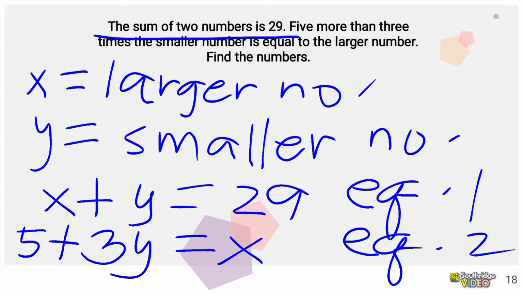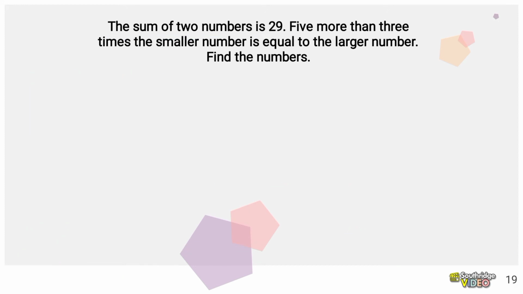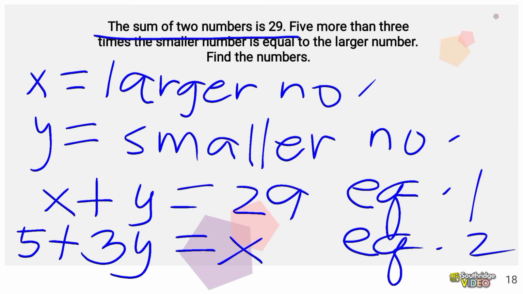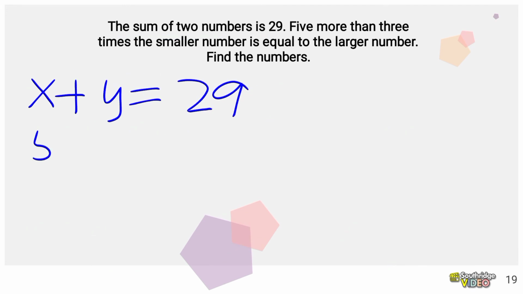Let's proceed to the solution. I will rewrite here x plus y equals 29, and the second equation is 5 plus 3y equals x. It means the variable x has an equivalent of 5 plus 3y.